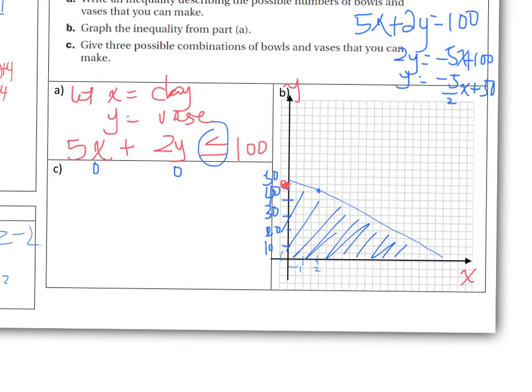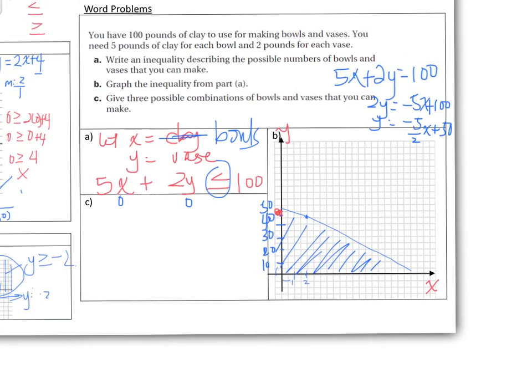And give 3 possible combinations of bowls and vases that you can make. Let's see, if you produce no bowls, you make a correction here. There should be bowls.